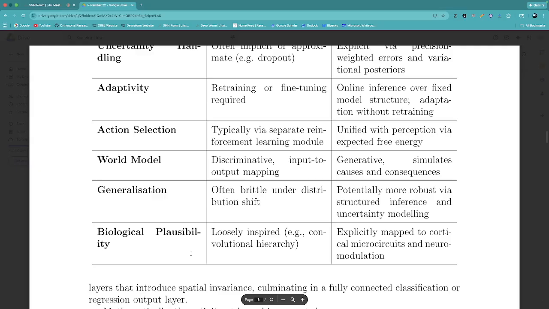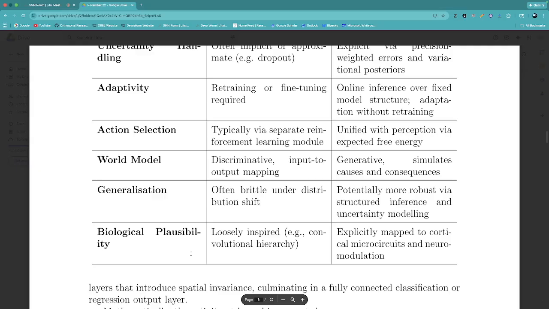And then in active inference, generalization is potentially more robust through structured inference and uncertainty modeling. So the claim is that generalization is improved with this sort of integrated model with experience, with exploration given a prior distribution of beliefs, that sort of thing.